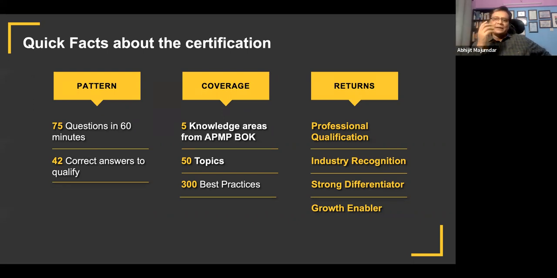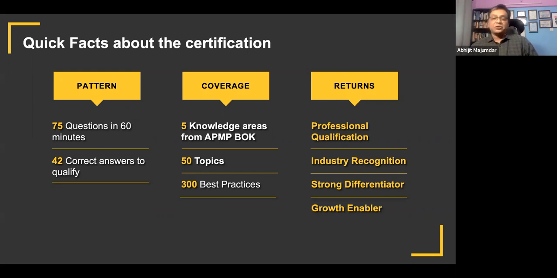Now, what is the return of APMP certification? You are all investing 1 hour on a Saturday evening, so I don't need to explain much, but the 4 key returns from the APMP certification are these. First, it gives you a professional qualification, because APMP certification is now globally recognized.